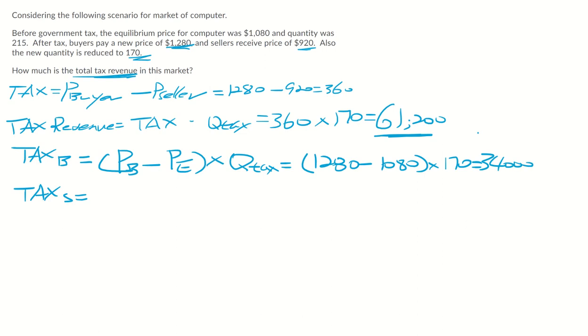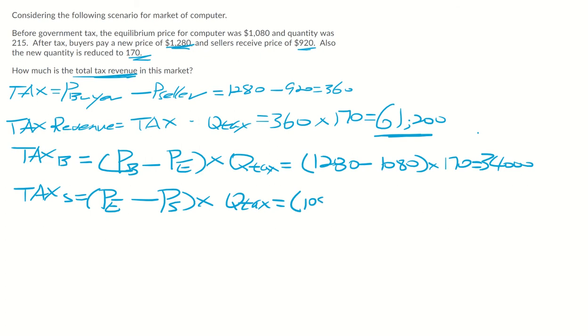And then for the seller tax, take your equilibrium price, how much the seller was getting before the tax, subtract the new seller price, times the quantity with tax. So basically, we're looking for how much less money the seller is receiving on the new quantity being sold. Okay, so take your equilibrium price, which is 1080.